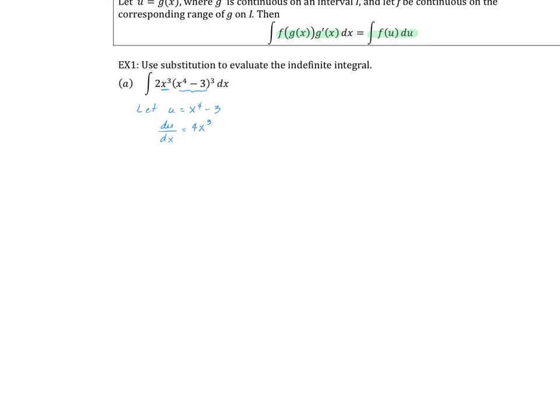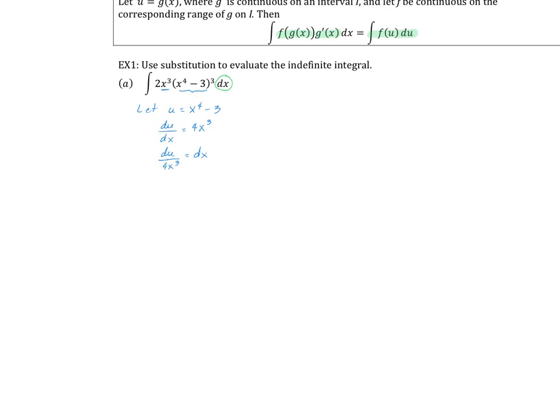Okay, so my goal is to substitute everything in this integral so it's all in terms of the variable u, which means I need to replace all the x's, including this dx. But notice in the derivative that I just made, I can solve this for dx. And I would get du over 4x to the third is equal to dx.